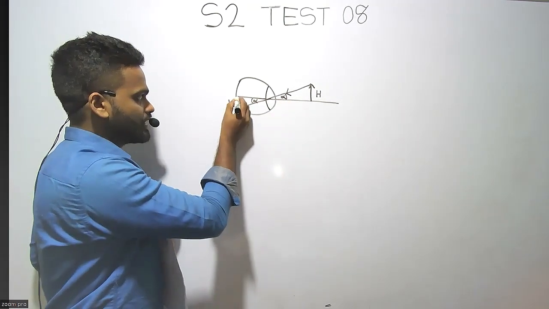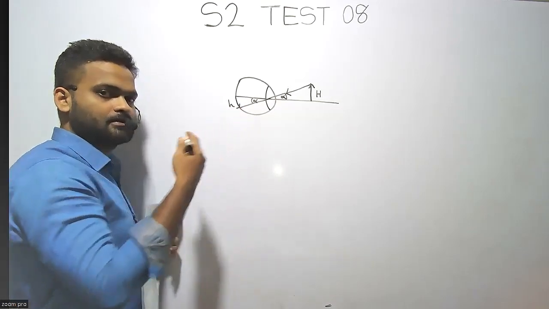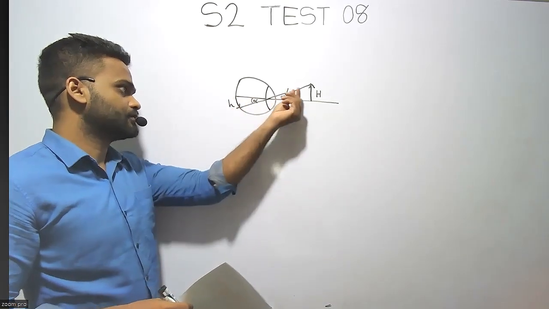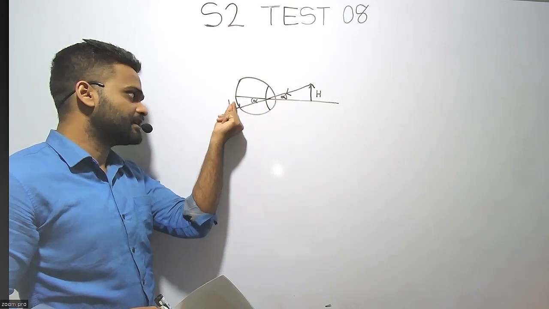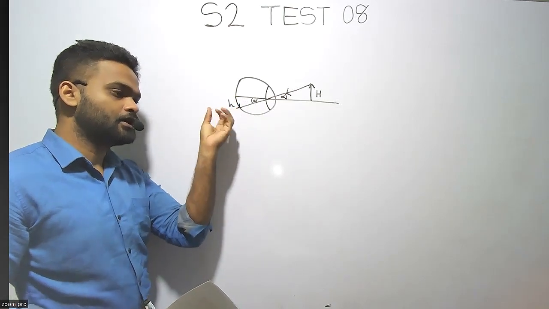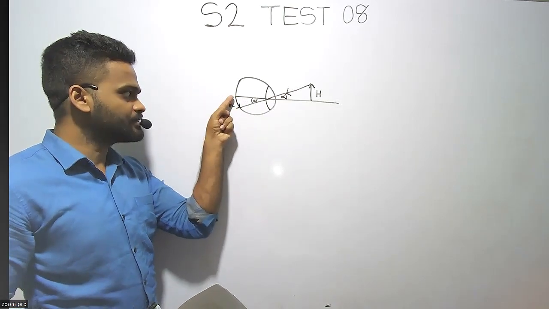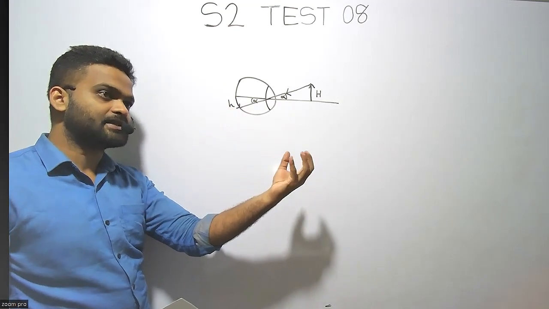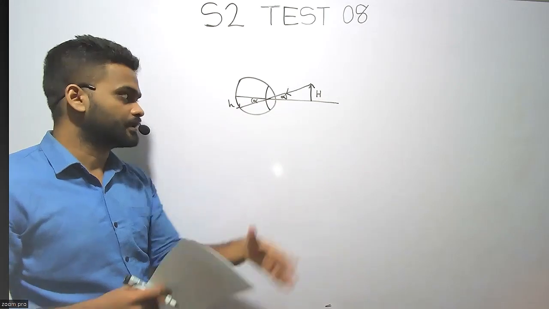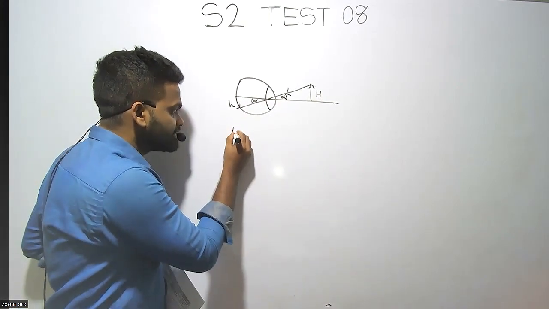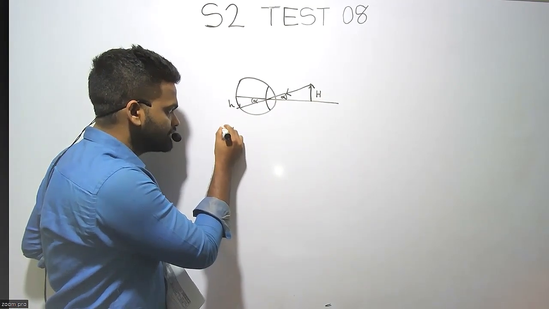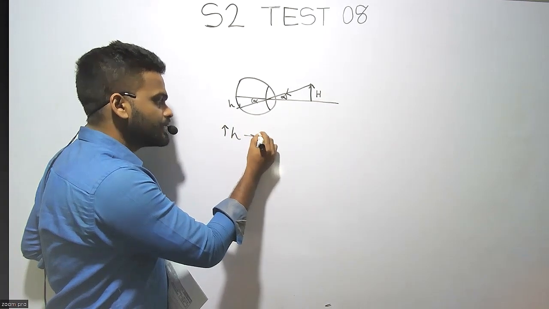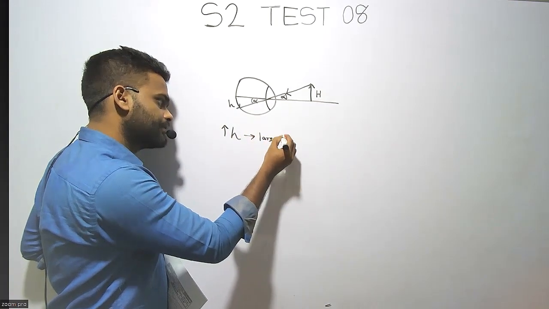So this is where the eye detects the image, right? So the image is formed on the retina. Here you have the retina. If you have a larger image formed on the retina, you see that object as a larger object, right? So if h is higher, you see a larger image.